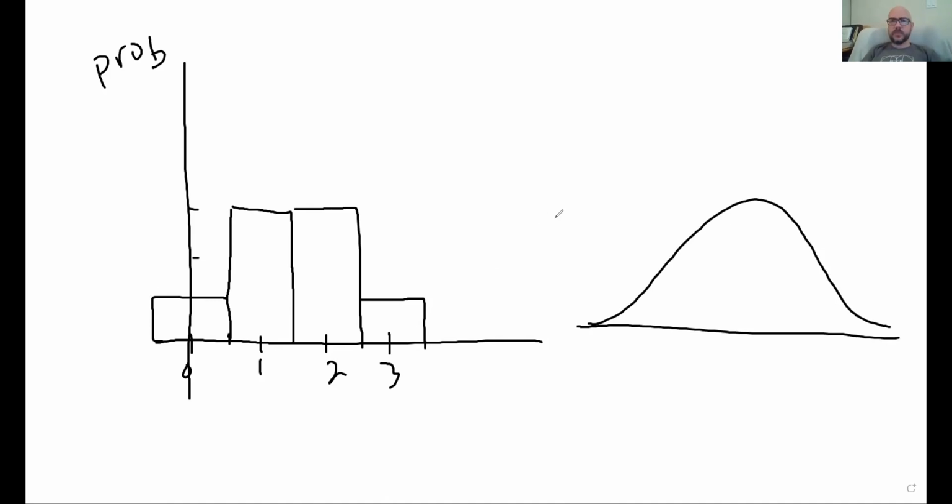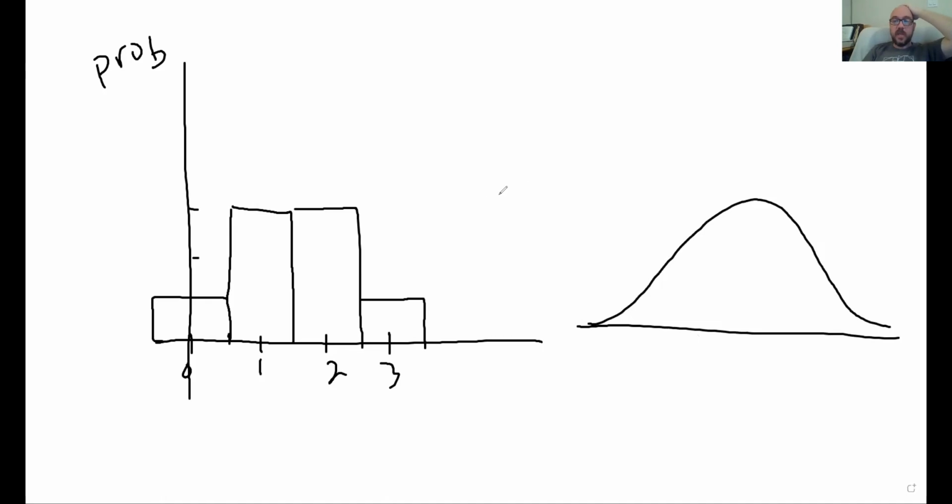So that's the connection between normal distributions and the binomial distribution: if n is sufficiently large, this actually looks a lot like this. So you want to think of this as like a bell curve, basically, but discrete and with bars instead of infinitely thin lines. So that's what your binomial distribution looks like.